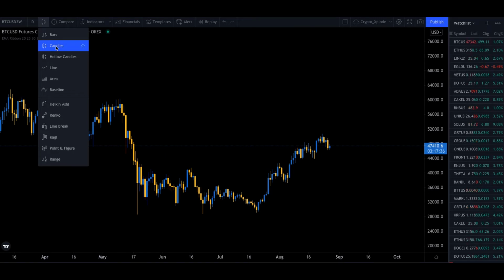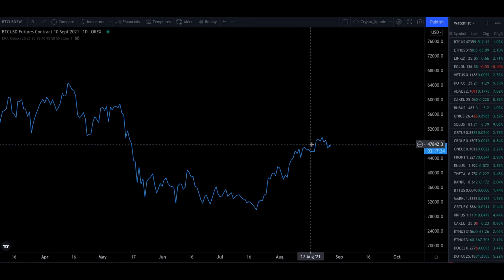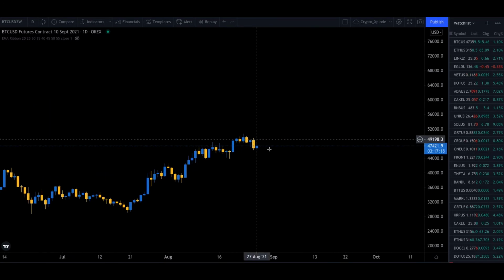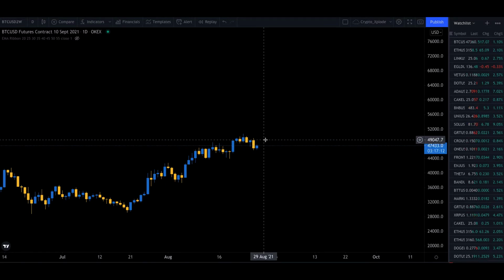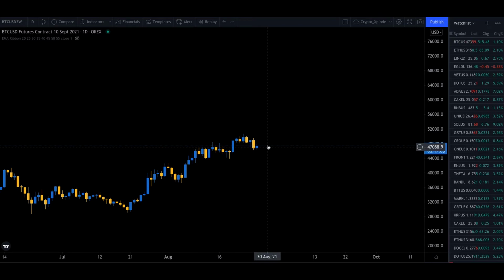We prefer the candlesticks because with the candlesticks you can see more information regarding the current time frame you are looking at. As you can see with the line, you're just looking at a line, but when you switch back to the candles, you can see the opening price, which was right here, and then you are able to see the closing, and even more important, the lowest and the highest of that day.